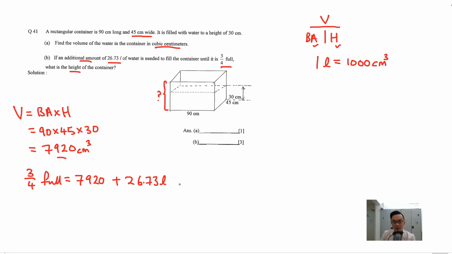Okay, so be careful. This is in cubic centimeters. This is in liters. So I'm going to change this to cubic centimeters. So I need to times 1000.